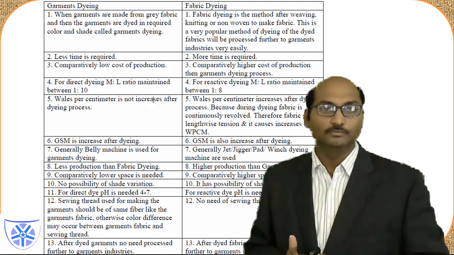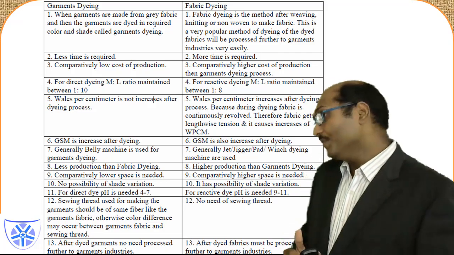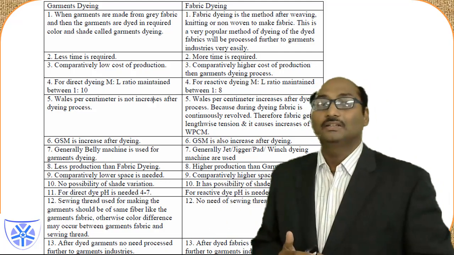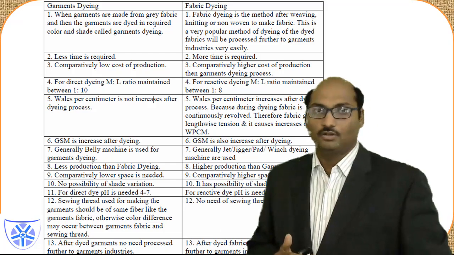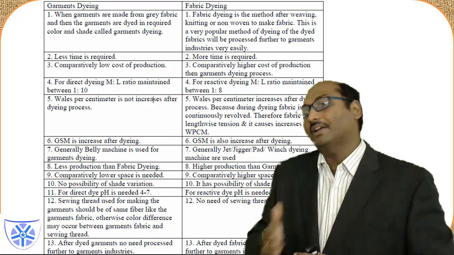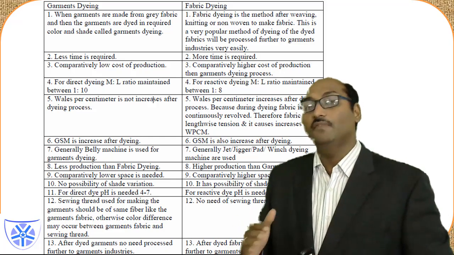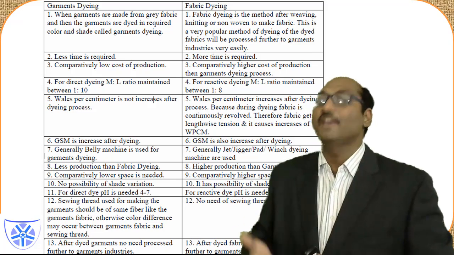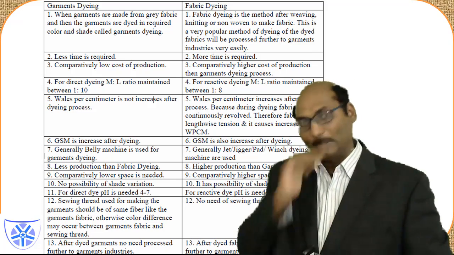Then, garment dyeing requires a lower cost of production compared with fabric dyeing. Why? Because whatever the marker efficiency losses or wastes there are, those also get dyed in fabric dyeing.